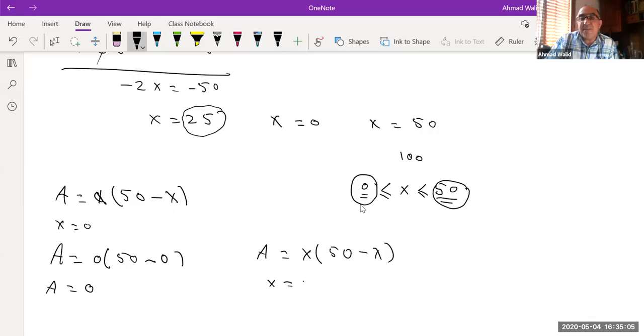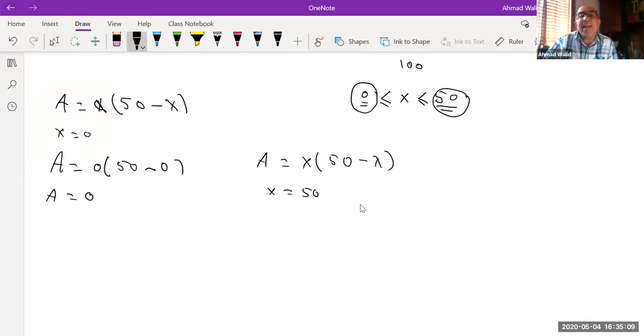When x is 50, A equals 50 times 50 minus 50, which gives you 0. 0 times 50 is 0. My area is not maximized.